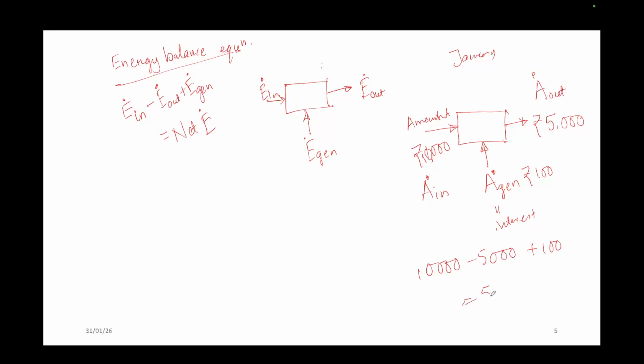So that basically is 5,100. So the same is the concept. This one is your amount in, this one is your amount out, this one is your interest, and this is the remaining amount in the account.